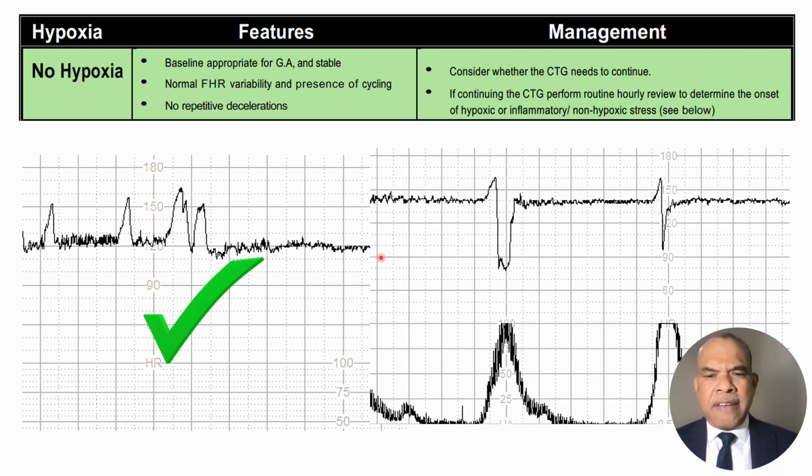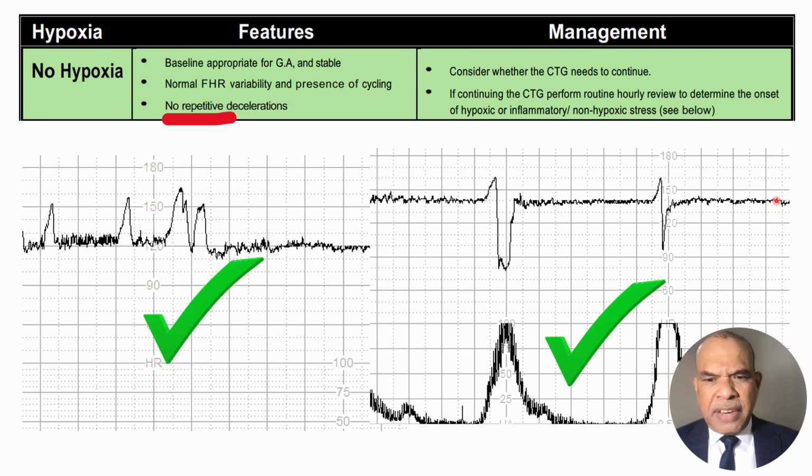So you could have a CTG like this, where you can see the baseline is appropriate for gestational age, it's a 38 weeker. There is normal variability and cycling. You can see variability here is normal, here is reduced, there is cycling, and you have decelerations, but they are not repetitive. And therefore, these fetuses would fall under no hypoxia.